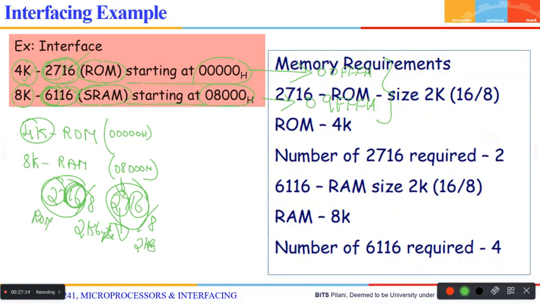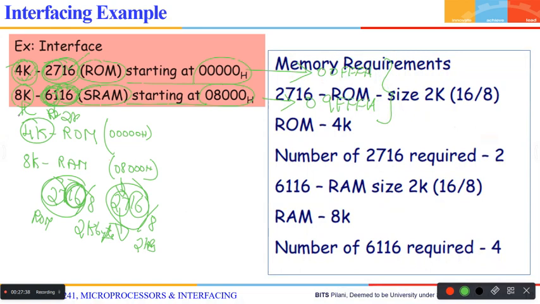ROM 2K. So how much ROM do you have to interface? 4K. So how many 2716 chips do you have to use? 2. Similarly, 6116 is a RAM. 61 indicates it is a RAM, and the last 2 indicates 2 kilobytes. So how many chips do you have to use for 8K? 4.